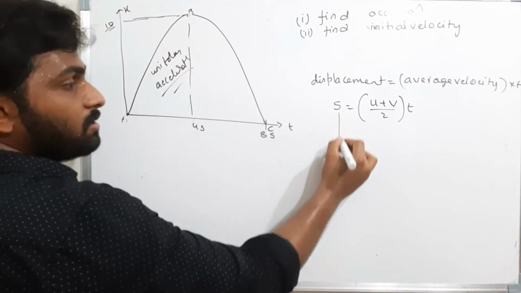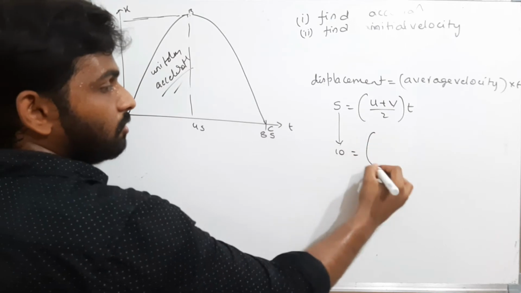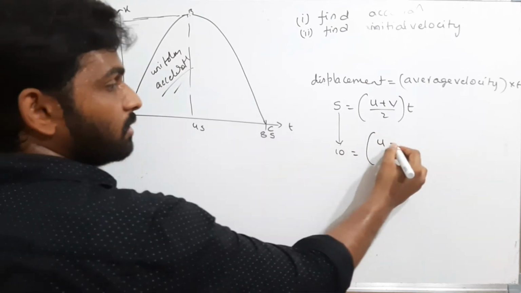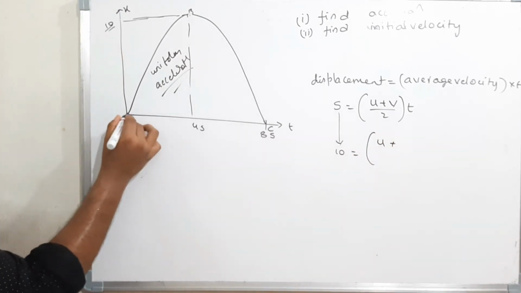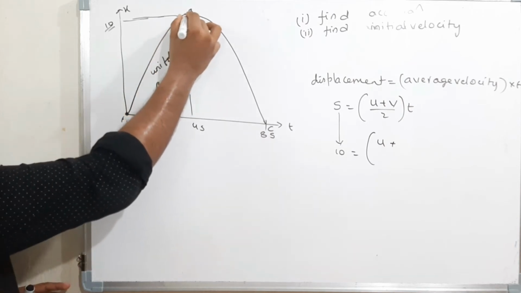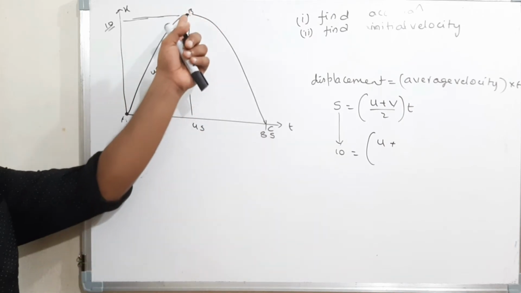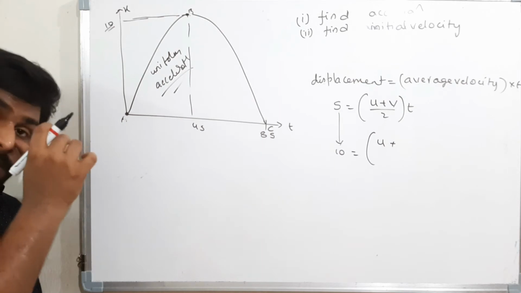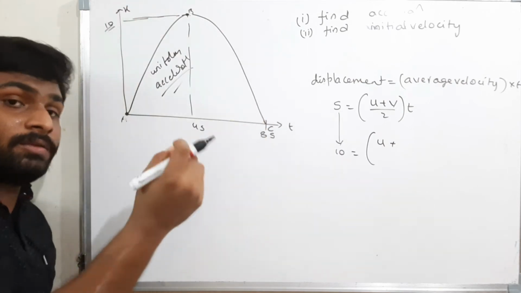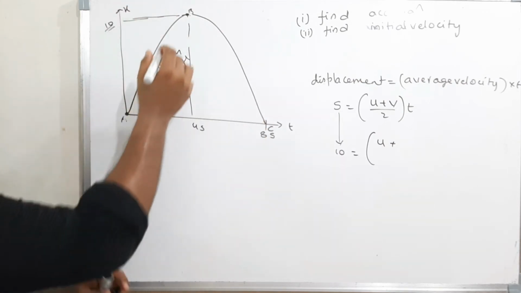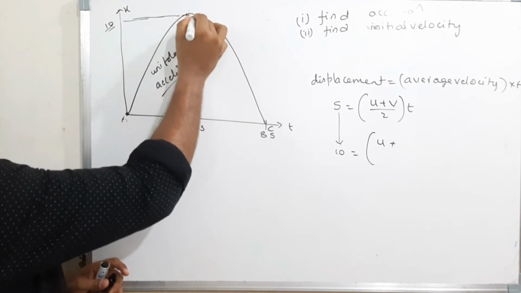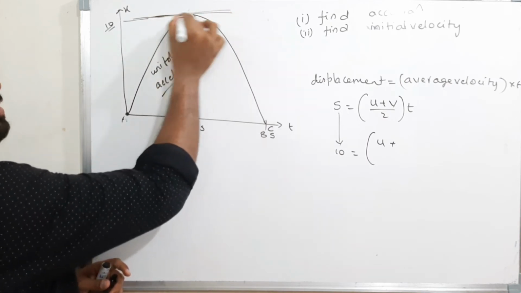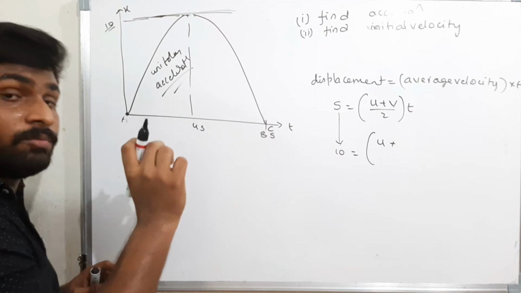Therefore, displacement 10 is equal to u plus v by 2 into time. The initial velocity u I don't know, but the velocity at B I know. What is the velocity here? Think. In an xt graph, how will I get the velocity? If I find the slope, I will get the velocity. At this point, the slope is parallel to the x-axis, that means the slope value is 0.